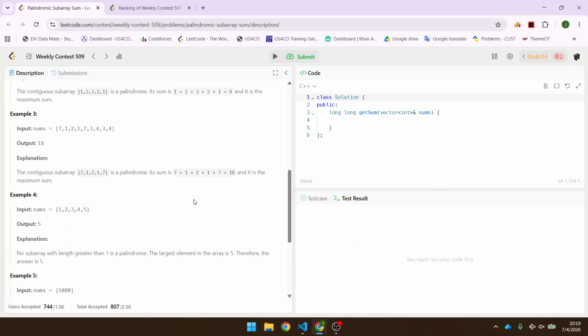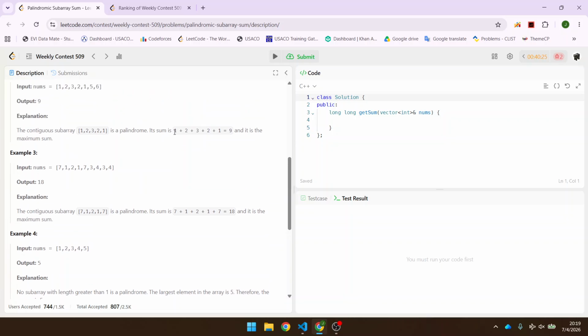Right, so if it's even, then we just choose two adjacent elements that are equal and we spread it outwards. If it's not even, we choose one element in the middle and we spread that one outwards.